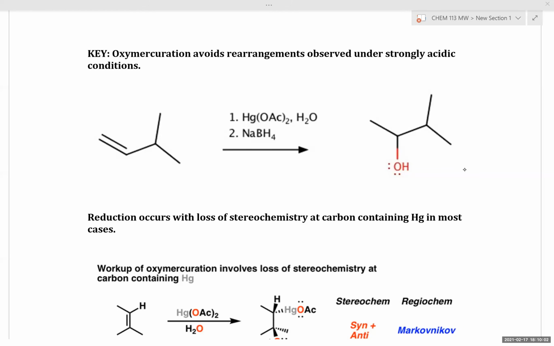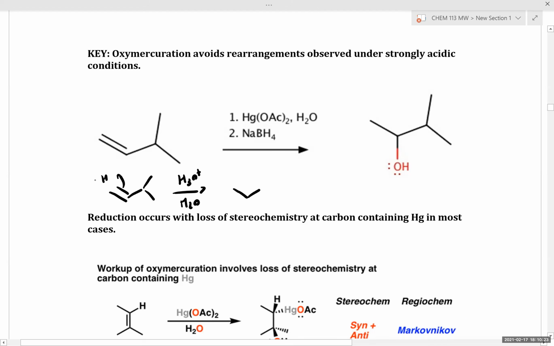We'll talk about why we get a racemate in a moment, actually. So to talk about a benefit of oxymercuration compared to traditional acidic conditions, let's do a side by side and compare if we used acidic conditions. So acidic conditions go through a carbocation intermediate, right?